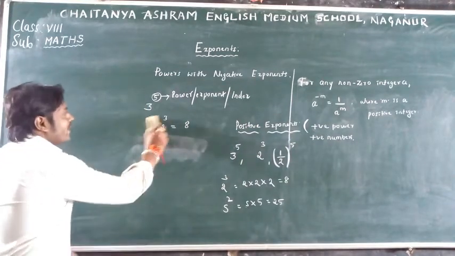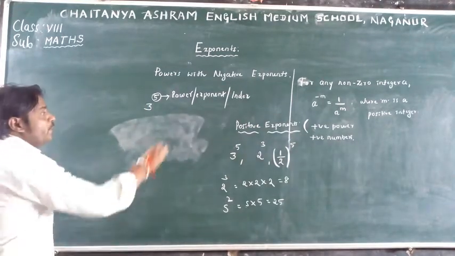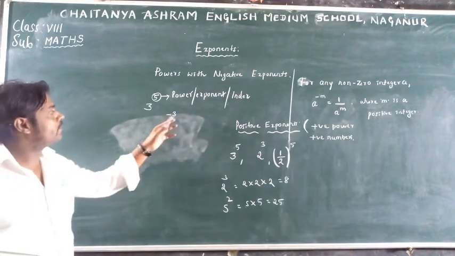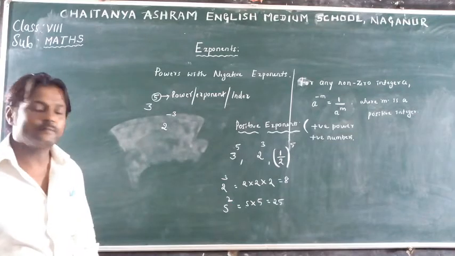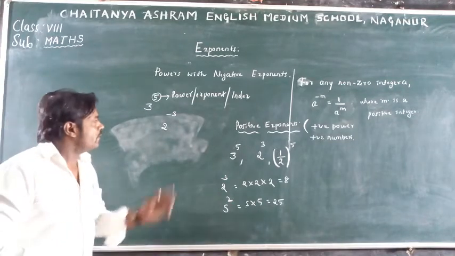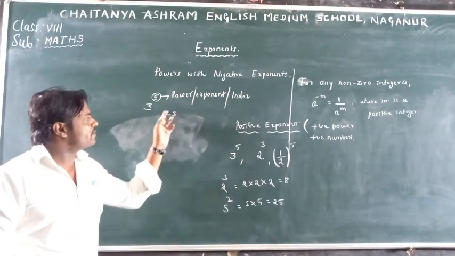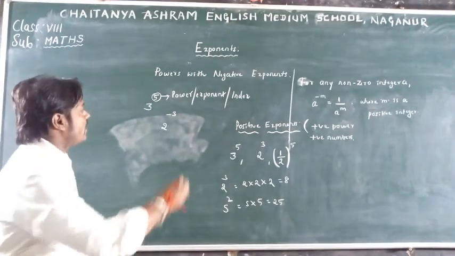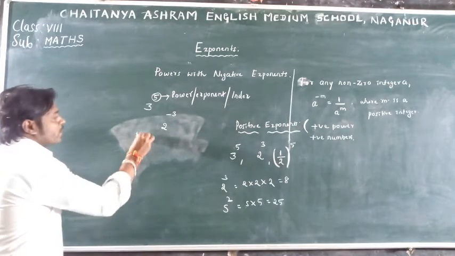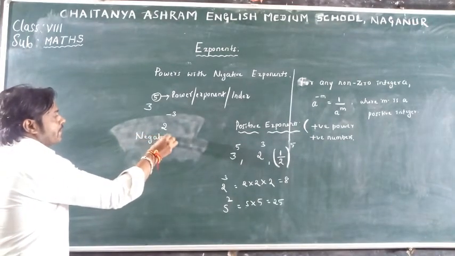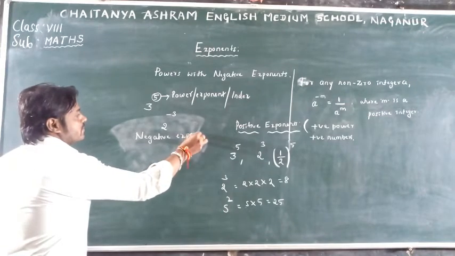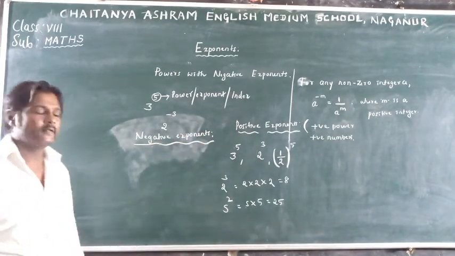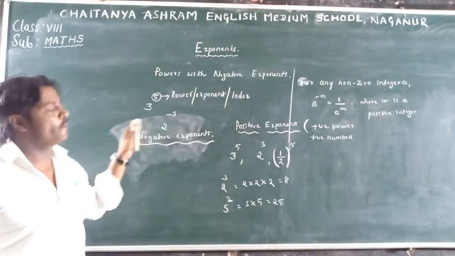And when the power of an exponent is negative, here 2 to the power minus 3, then the power is not positive, it is negative. Such exponents are called negative exponents. Negative exponents are those which have negative power.